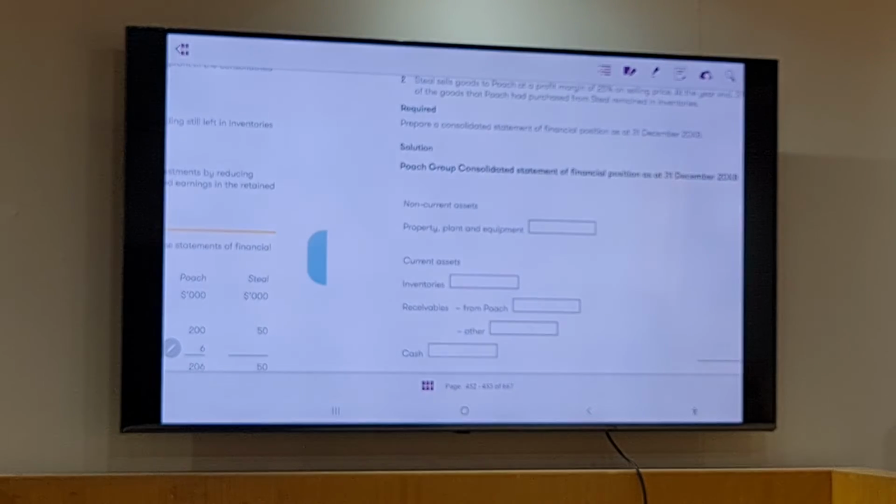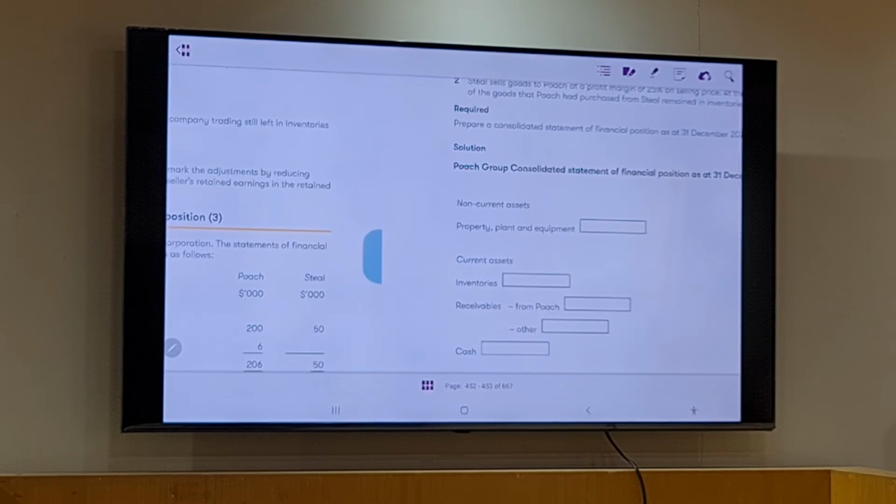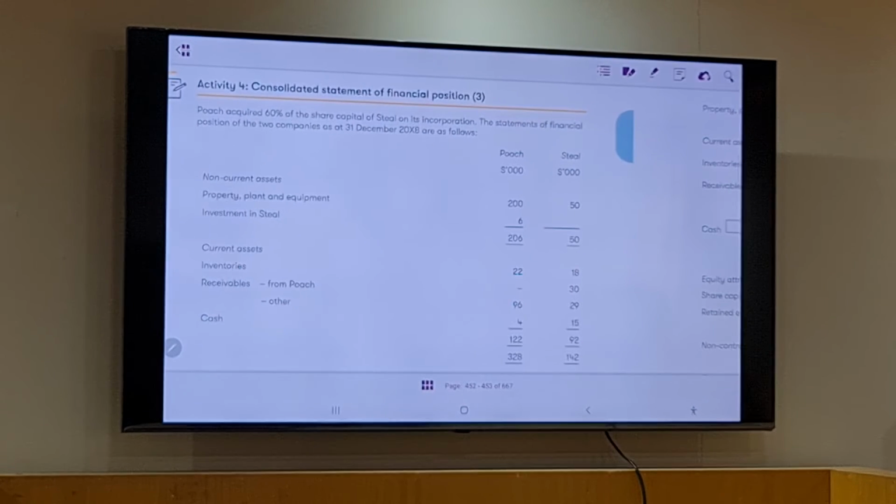Okay, so we have to prepare the entire question. Let's go through this question with activity number 4. P company acquired 60% of the share capital of S company on its incorporation. The statement of financial position of the two companies as of 31st December 2018 are as follows.